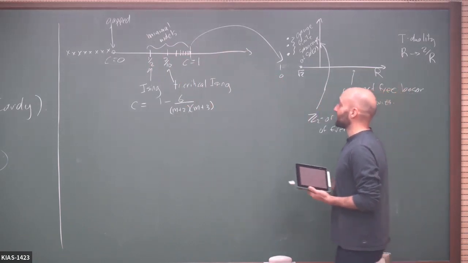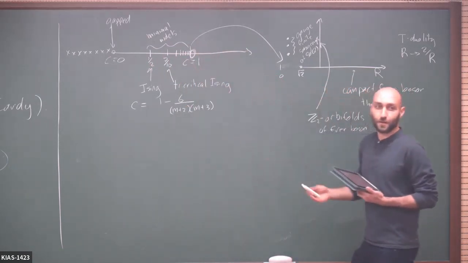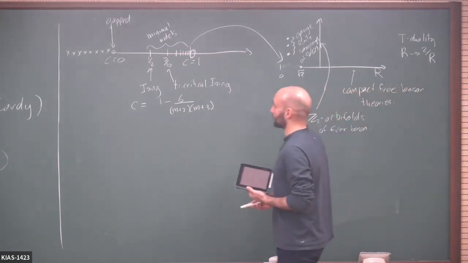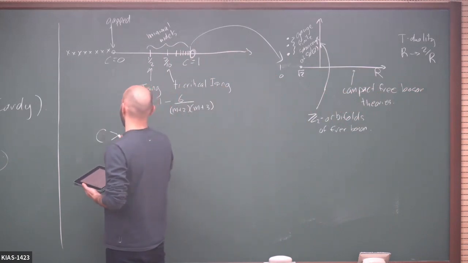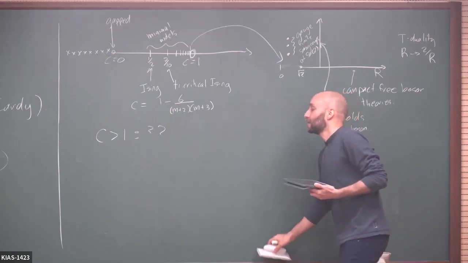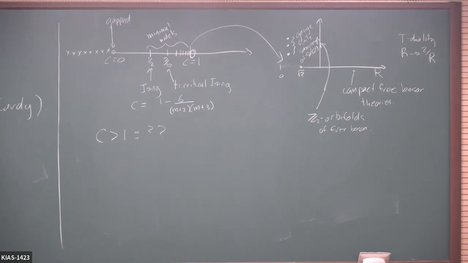We know basically nothing about this neighborhood, even just beyond c equals 1. So, all right, c greater than 1. Big question marks, and it's not totally clear how to address those questions.